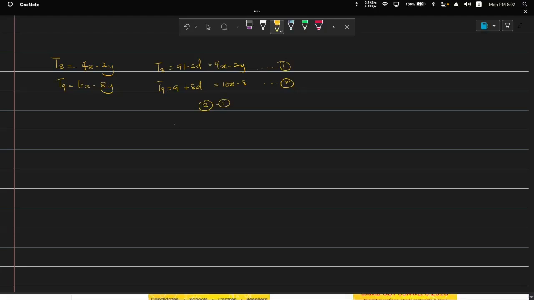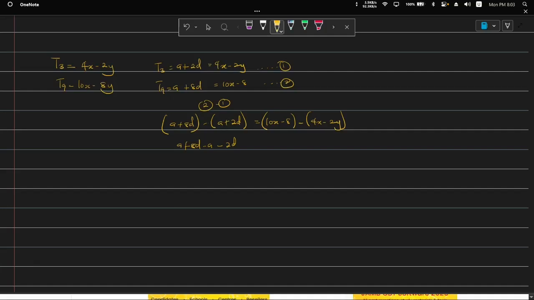And I'm going to have a plus 8d minus a plus 2d is equal to 10x minus 8y minus 4x minus 2y all together. And if I open the bracket, I'm going to have a plus 8d minus a minus 2d, because this minus opens the bracket and it changes all the signs.